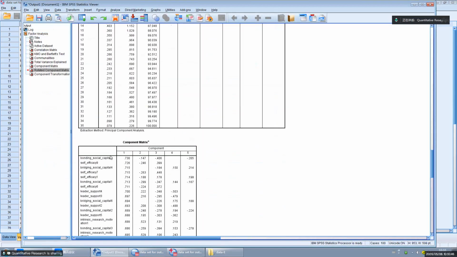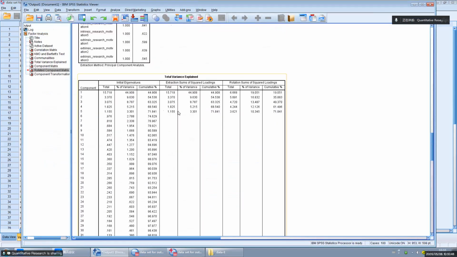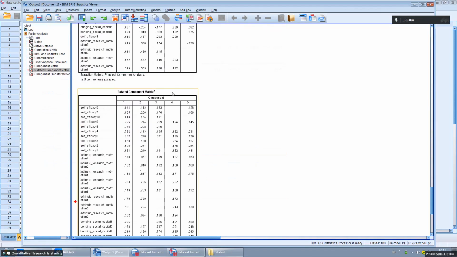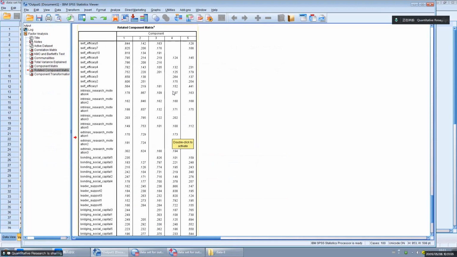And here, how many factors have been extracted? 5. So there must be a problem, right? Again, what is the problem? Intrinsic and extrinsic motivation are included in 1 factor.